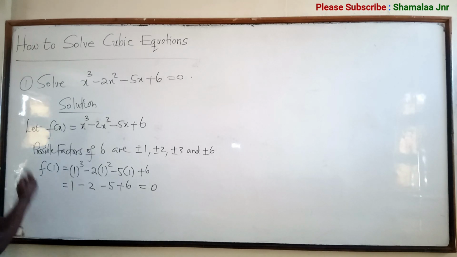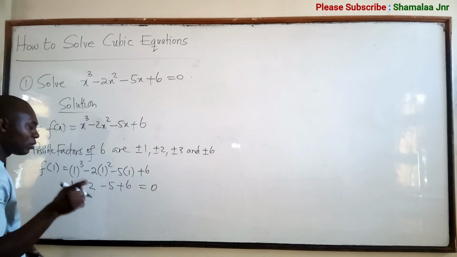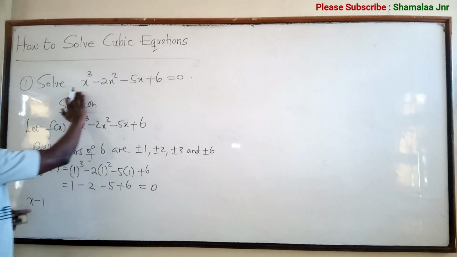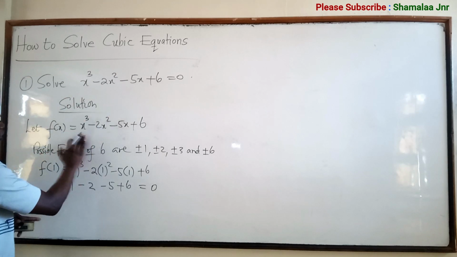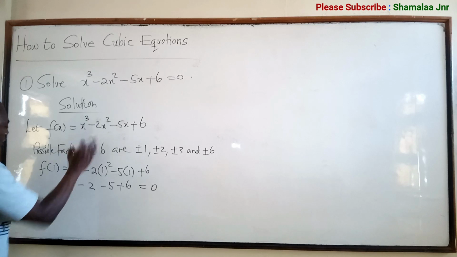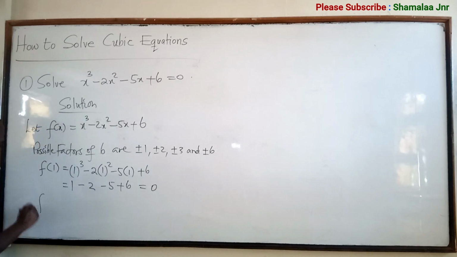Then viewers, by the factor theorem, which I have asked you to go and watch, x minus 1 will be a factor of this function, of this polynomial. If you put in negative 1 and you get 0, then that will mean that x plus 1 is a factor of this polynomial, or this cubic function.